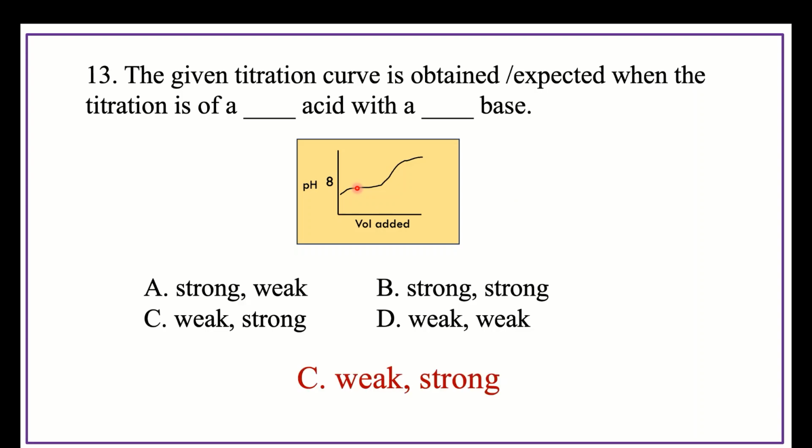Because it shows a slope with a buffer solution, it does not show a drastic change in the pH value, whereas the equivalence point is observed at pH 8, and after that the curve is due to the strong base. So it is the titration curve of a weak acid versus a strong base.